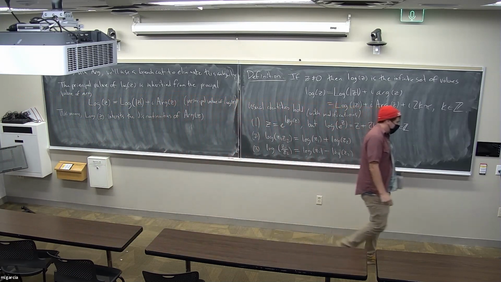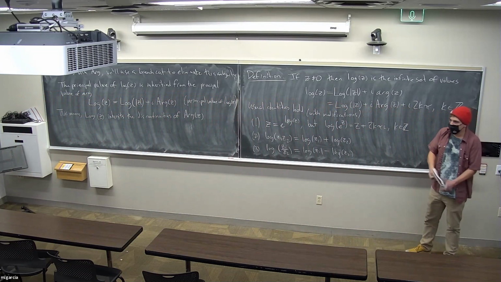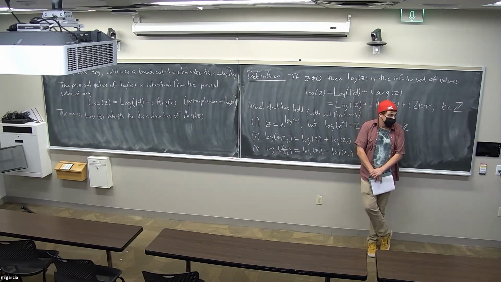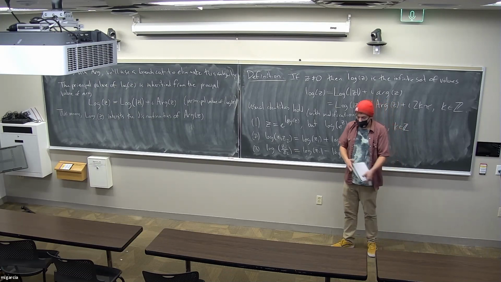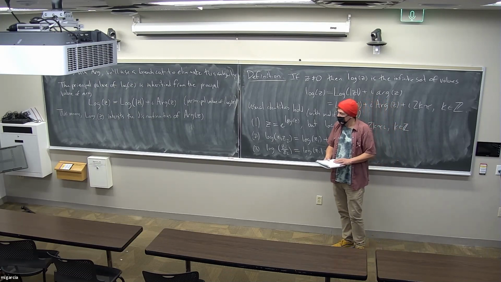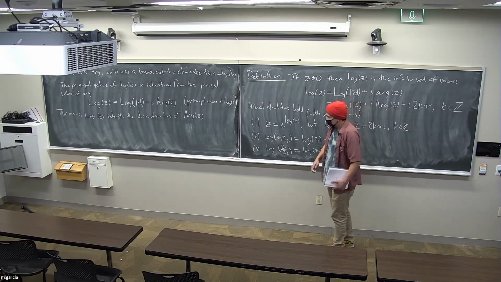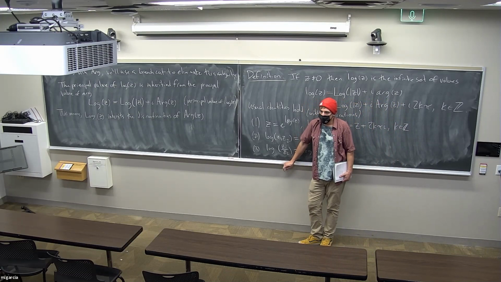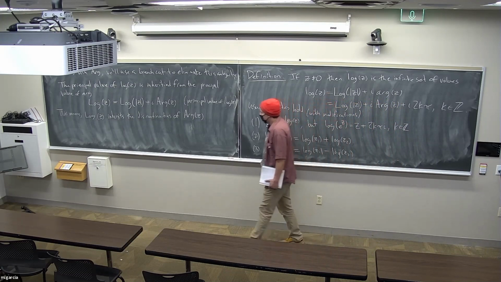Where is arg z discontinuous? Let me ask a simpler question. What is the range of principal values that arg takes? It goes from negative pi up to and including pi. Yeah, exactly. Does not include negative pi.